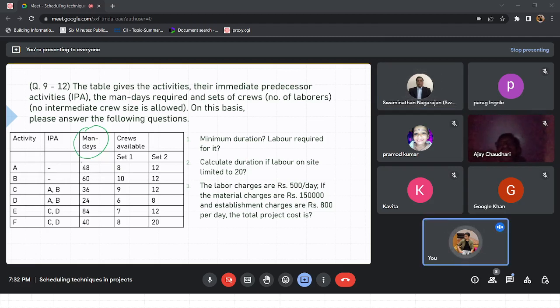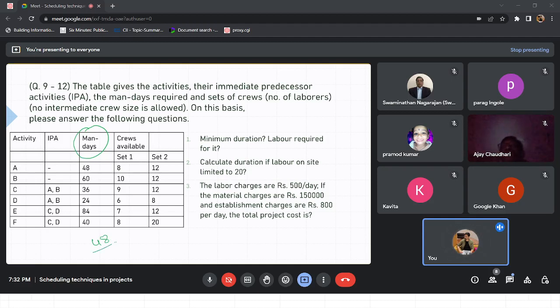Like you need to complete these 48 units of days to complete activity A. Now, for these 48 units, it depends on how many manpower or how many labor you are occupying, so that you can find out the duration.